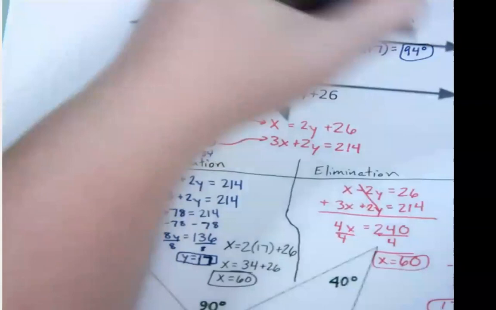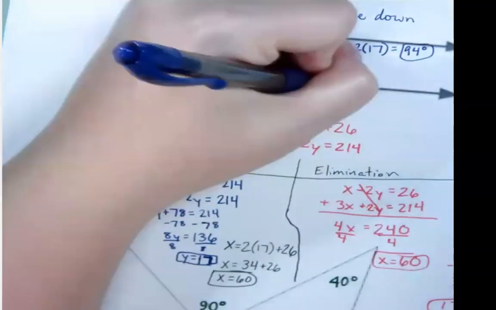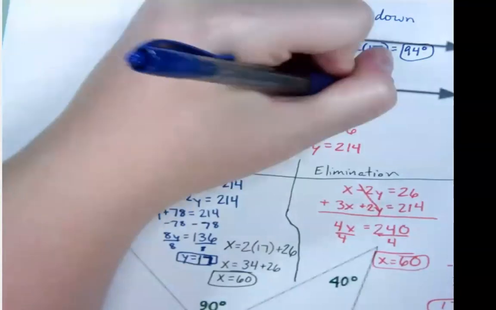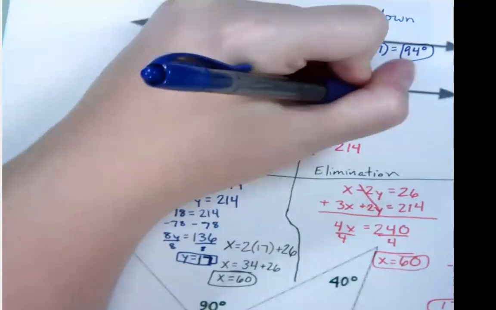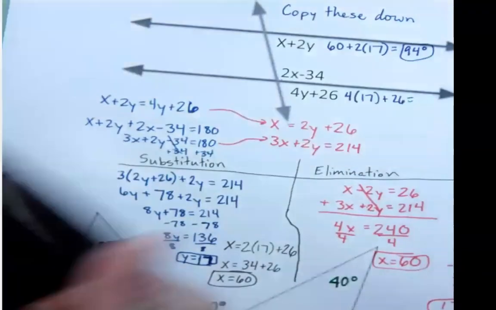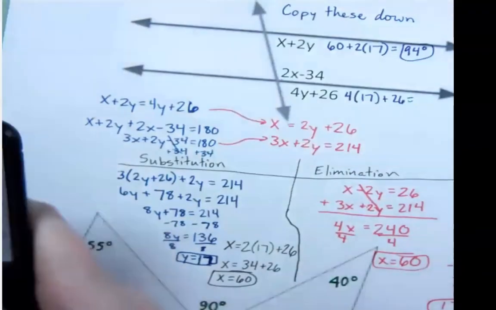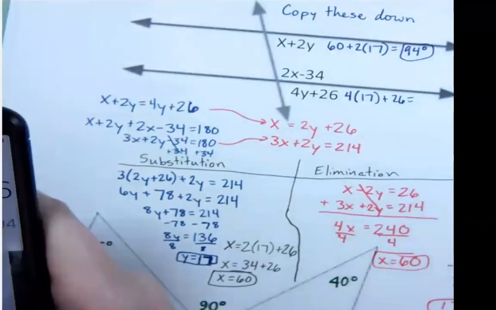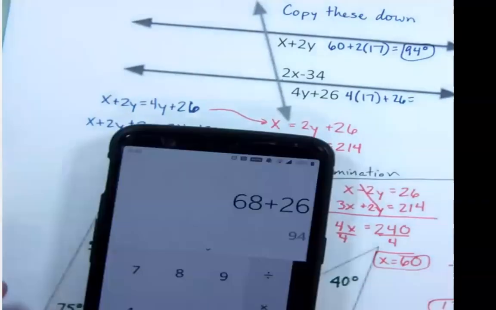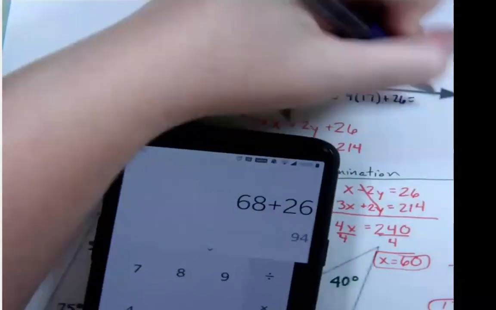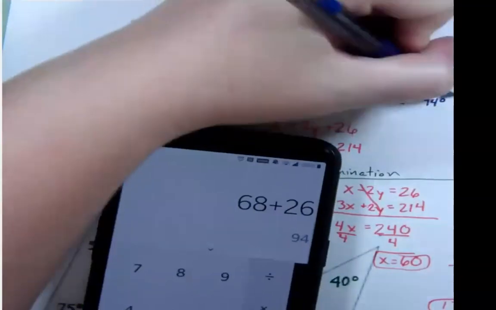And then 4 times 17 plus 26 is going to be, hopefully, 94. 17 times 4 plus 26. Oh my goodness, it is 94. Hopefully that makes sense to you guys.